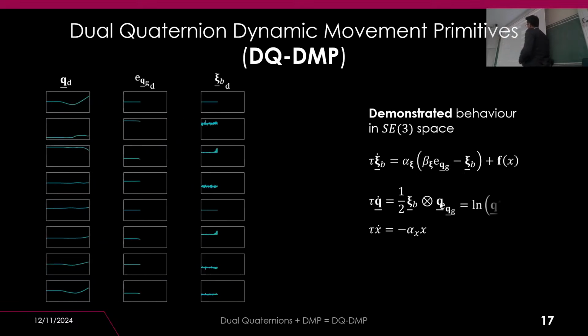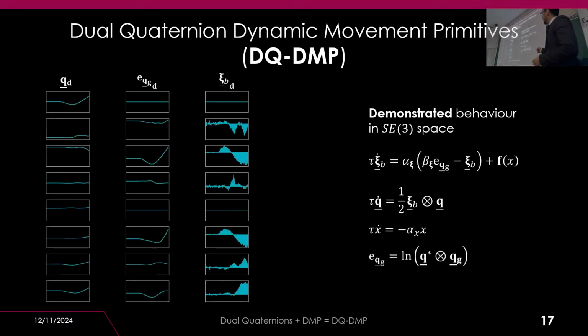We may use the measured data to compute the error between the trajectory and the goal value, the final position and orientation of the system, the final pose, as well as C bar in the body frame, which is the twist, which is the equivalent, if you will, to linear and angular velocity at the same time.